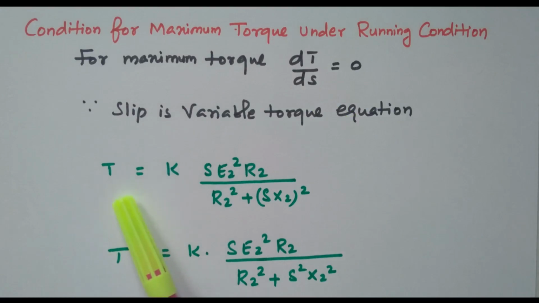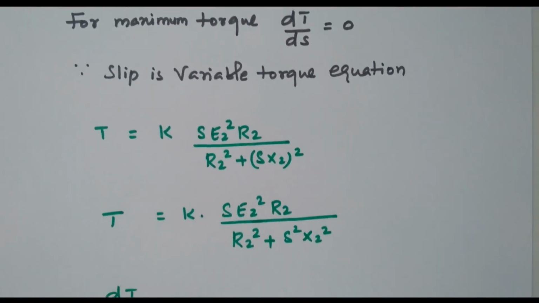So the normal torque equation is K into S E2 square R2 divided by (R2 square plus S into X2) the whole square, right? So we will go for a square this time, so that T equal to K into S E2 square R2 divided by R2 square plus S square X2 square, so that it is easy for differentiation.